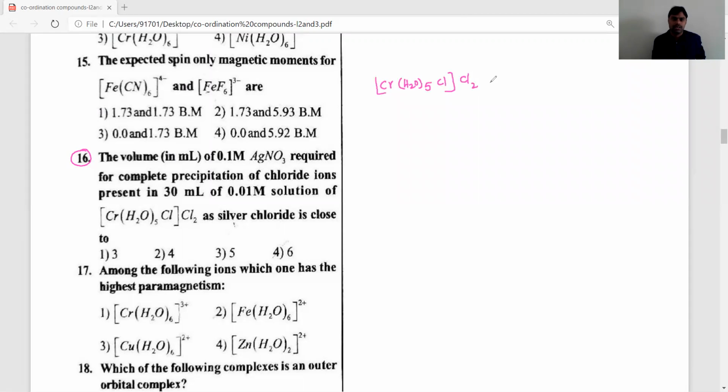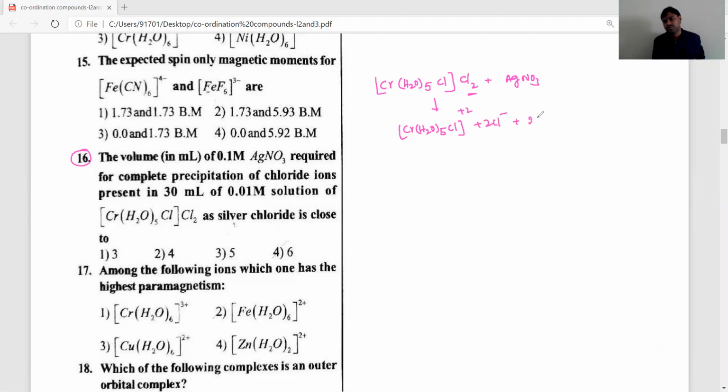Okay, students. So when it reacts with silver nitrate, these chloride ions will be ionized. It ionizes into [Cr(H2O)5Cl] 2+ plus 2 Cl minus.